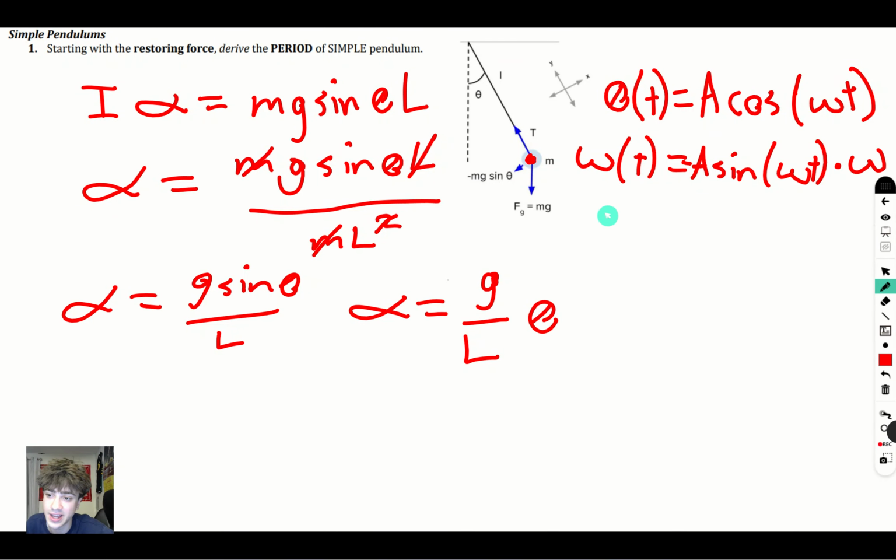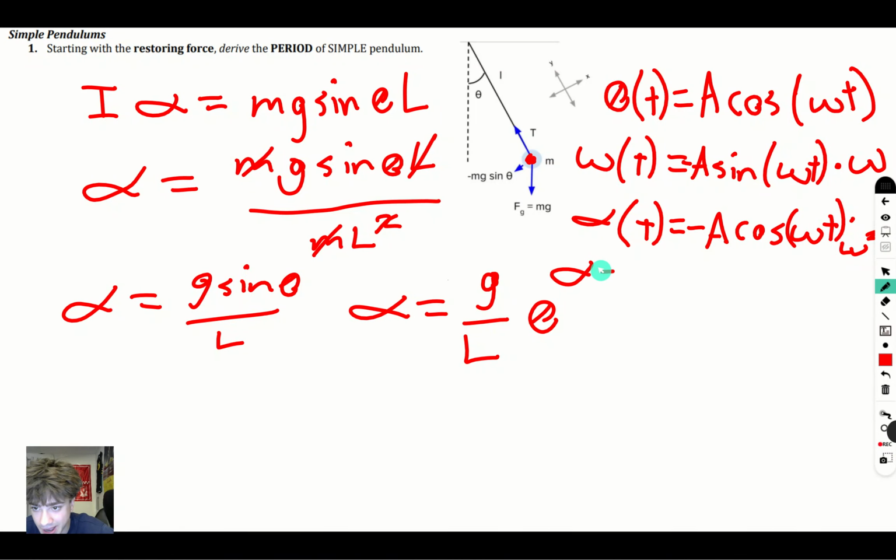Now let's take another derivative of this in order to get our alpha. Alpha of t is going to be negative a cosine omega t times the derivative of this again, which will be omega multiplied by the omega we got last time, which will give us omega squared. So alpha is equal to negative a cosine omega t times omega squared.